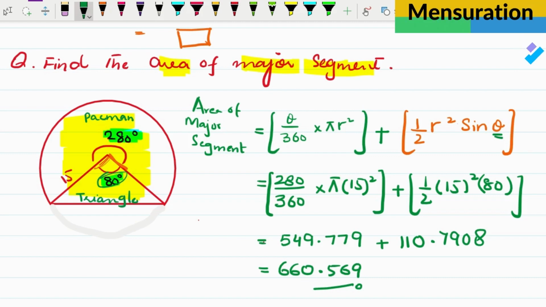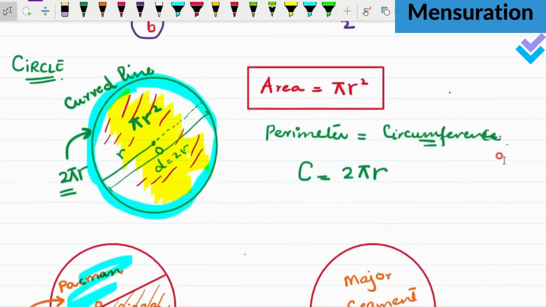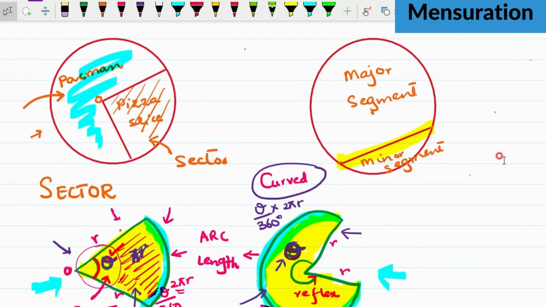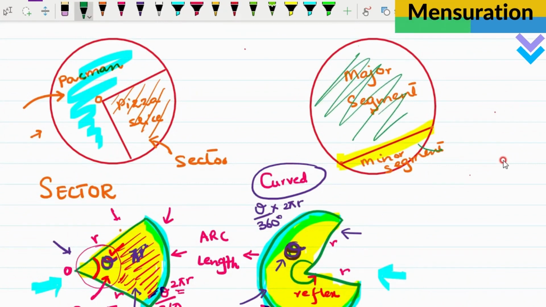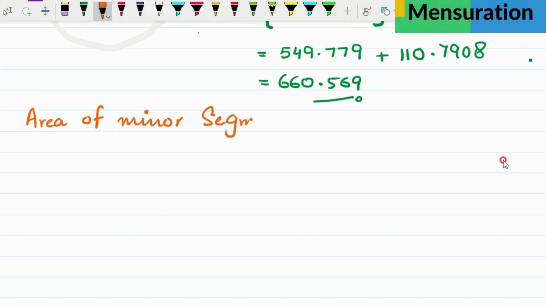But what if we want to find the area of a minor segment? What is a minor segment? Just move on to the first shape. As I told you, this whole portion is called the major segment and this portion is called the minor segment. So let me draw a shape here, and we need to find the area of the minor segment.